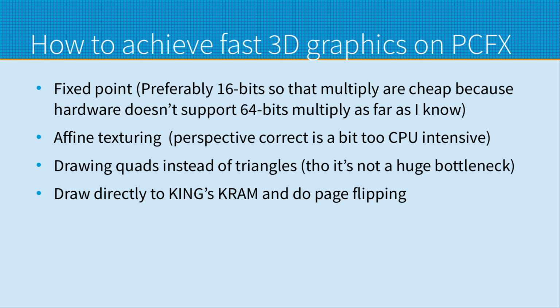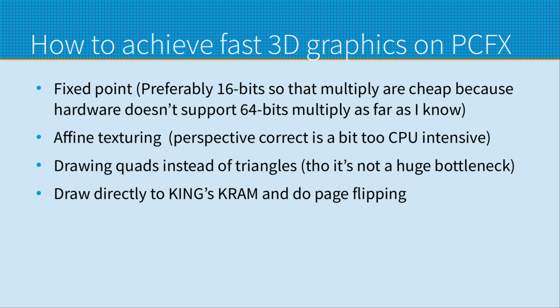There was some guy that tried subdivision for the walls, and he lost about 4 FPS. So that's quite a noticeable bottleneck. Of course, if you can get it as fast as you can, that may be worth the trade-off. And you should draw quads instead of triangles if possible. That depends, of course, on the type of shapes that you want to draw on screen.